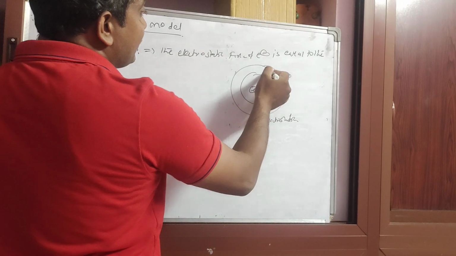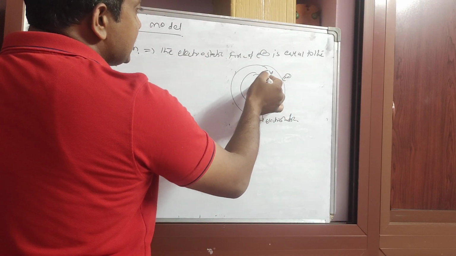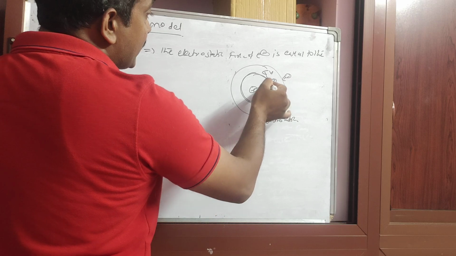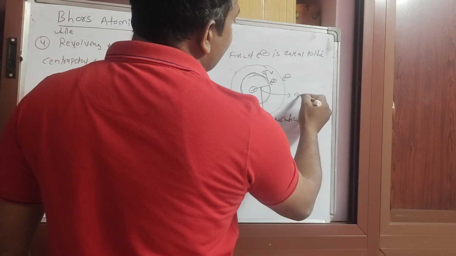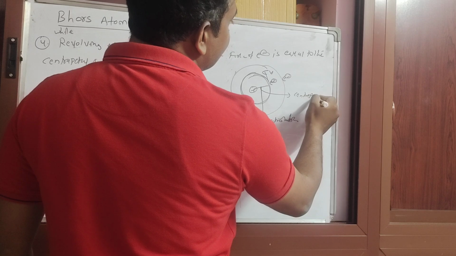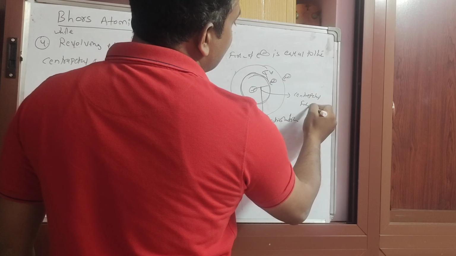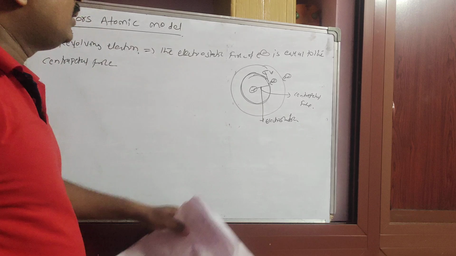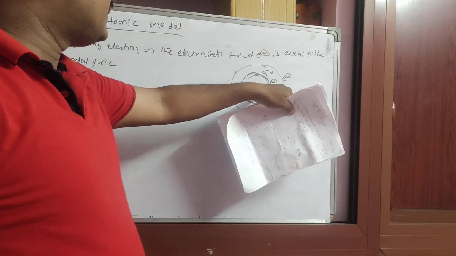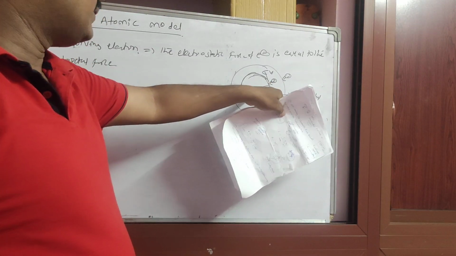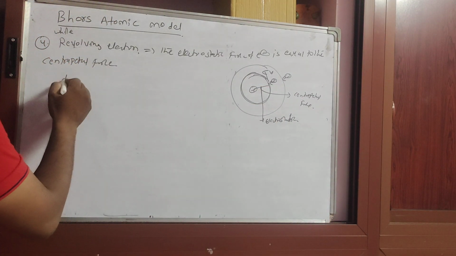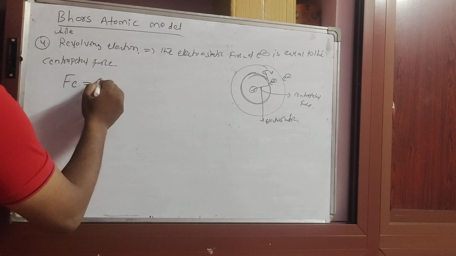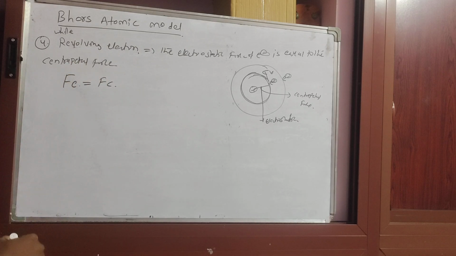The moving electron has velocity, and this electrostatic force of attraction is equal to the centripetal force. Then only will it revolve around the nucleus. Otherwise it will collapse and enter into the nucleus. The electrostatic force is converted into centripetal force.